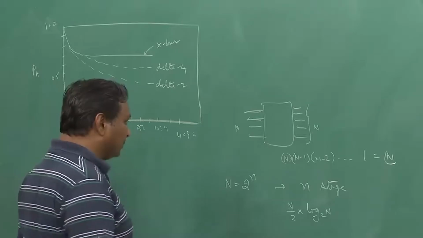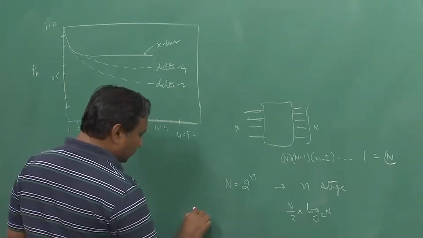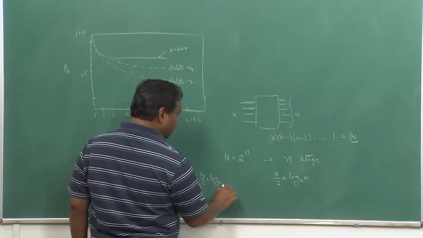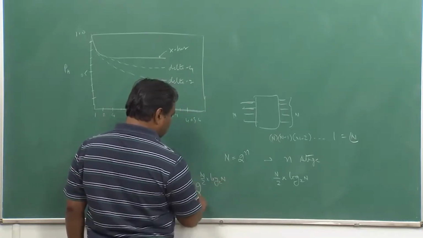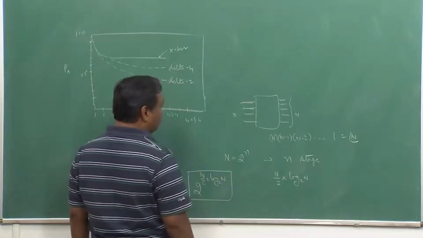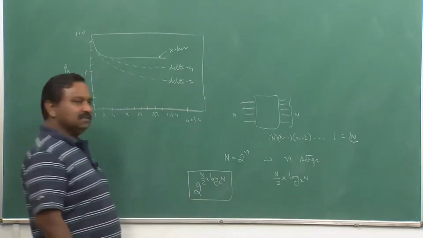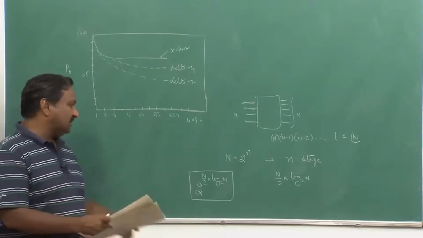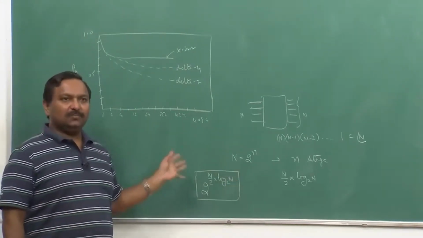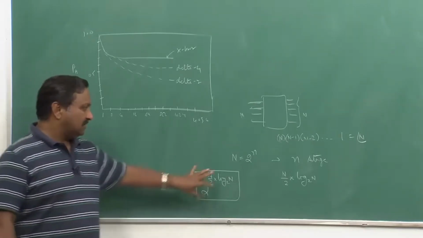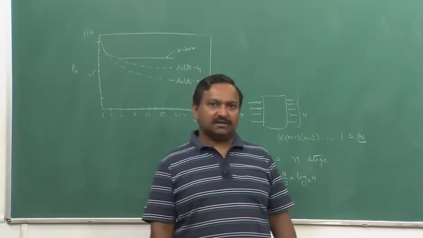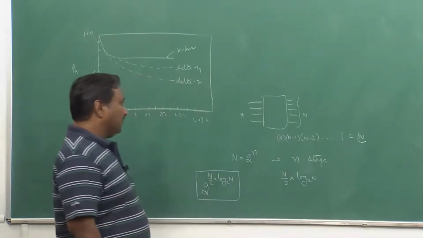So the total number of possibilities will be 2 raised to the power n by 2 into log 2n. This is the total number of permutations for any Banyan network, not only delta; these are the possible input to output maps which can be handled. This number is much smaller than the other.